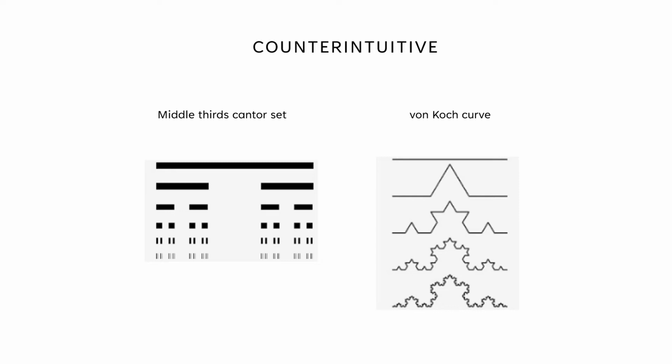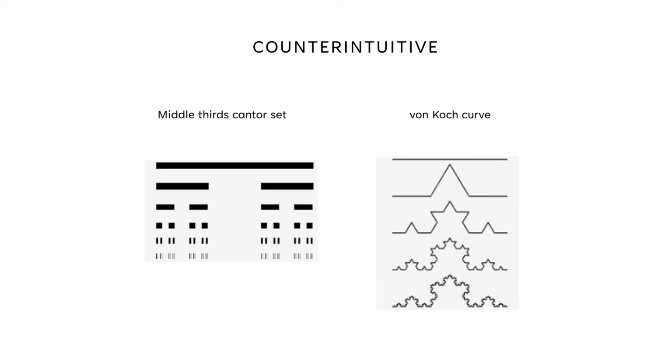You're talking about something that has a length, and it has a set length for that segment. Well, the von Koch curve actually doesn't make sense there because it is infinitely long in just that one interval.